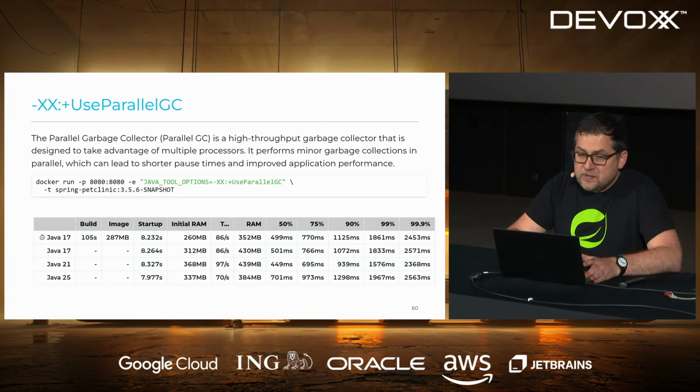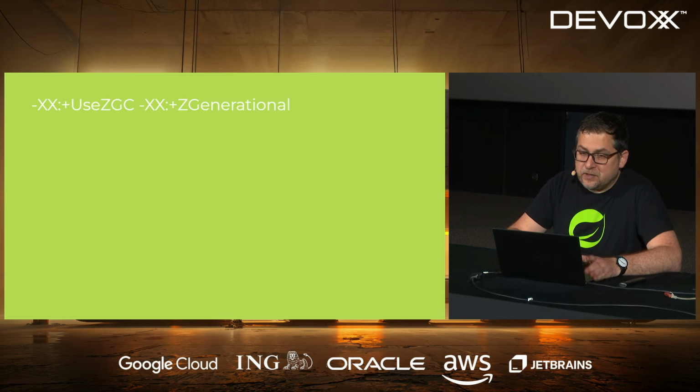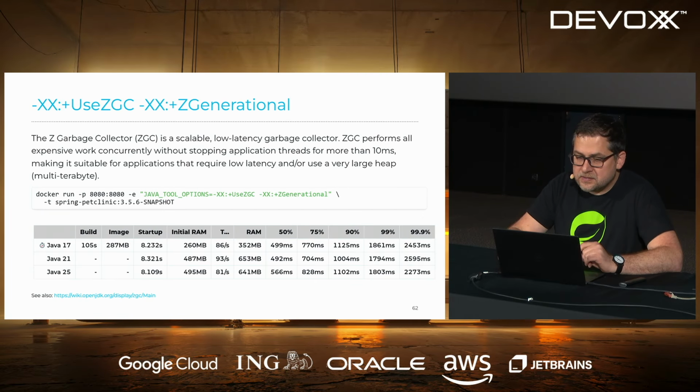Okay, so this is another optimization, and of course now in Java 21 and above, you could use something like the Z garbage collector, which is meant to have even lower pause times, basically restricted to 10 milliseconds.